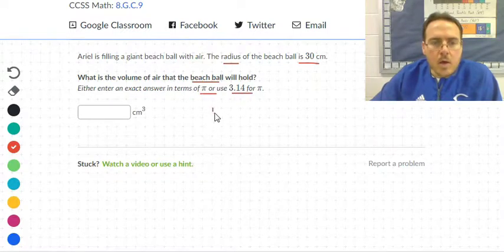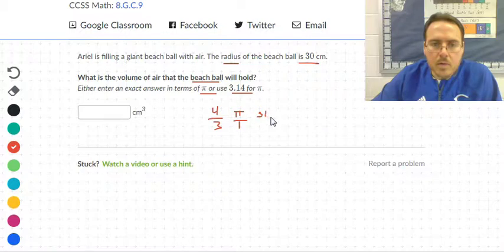Okay. Well, that'd be 4/3 times pi over 1 times the radius to the third power. So this would be big. 30 over 1, 30 over 1, 30 over 1. Goodness gracious. This is going to be enormous.